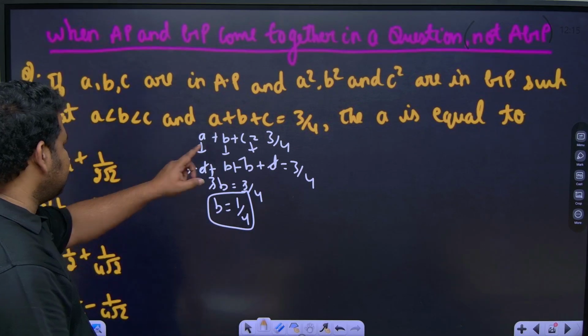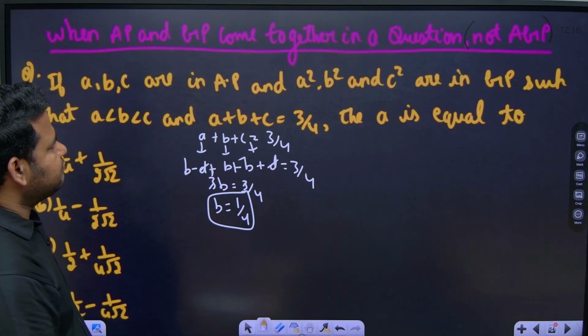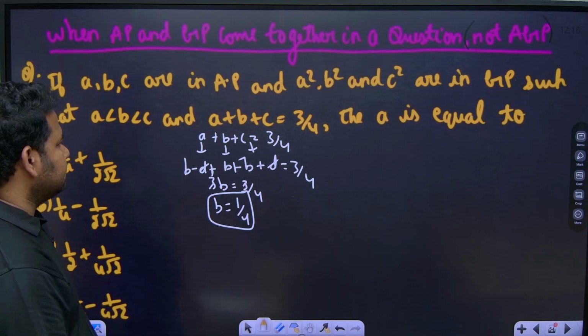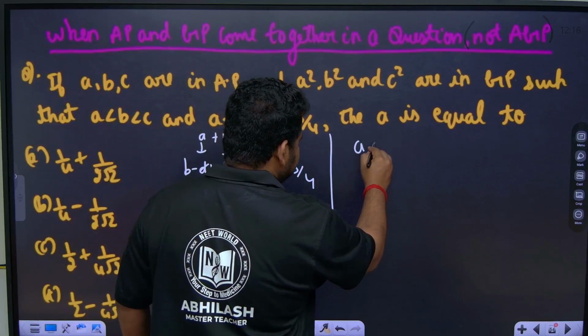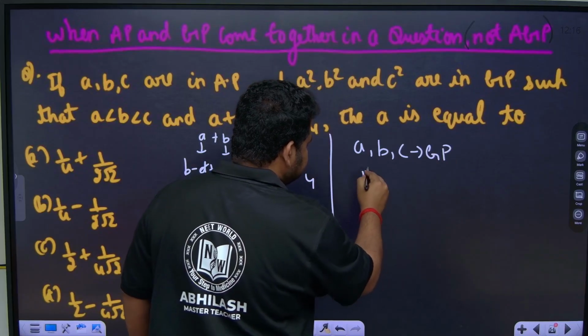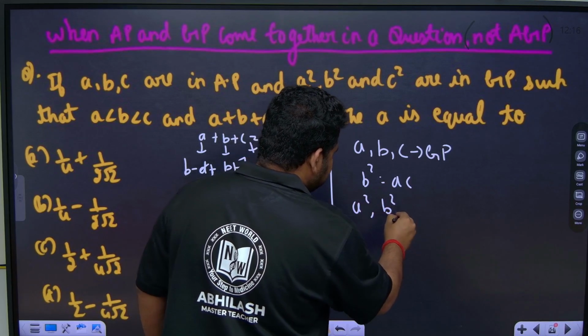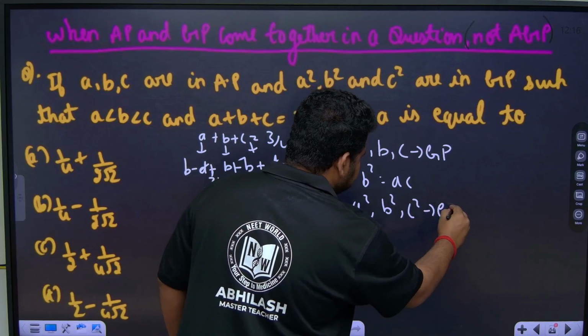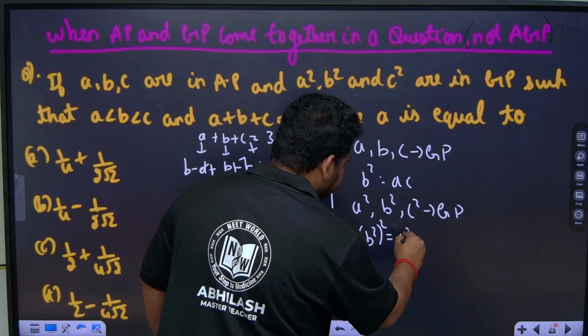Then they are asking the value of A. Now they are telling A square, B square, C square are in GP. So we know that if A, B, C are in GP, then the condition we use is B square is equal to AC. But if A square, B square, C square are in GP, then the condition we use is B square whole square is equal to A square C square.